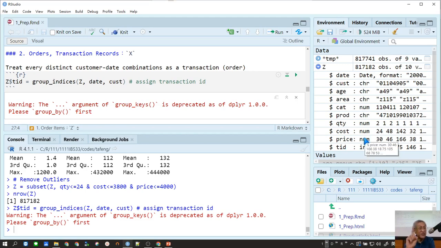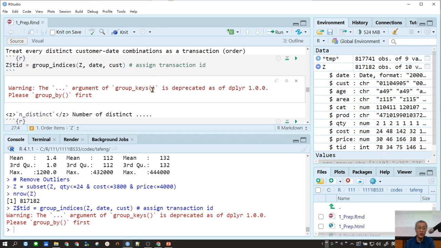So every TID is actually a transaction. You get the point? Per customer per day, I treat it as a transaction, so every transaction has a unique transaction ID.